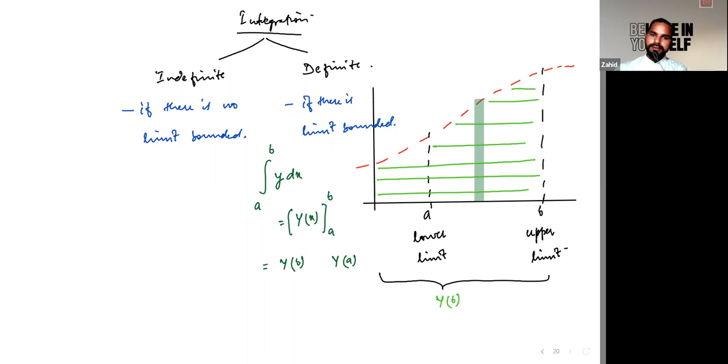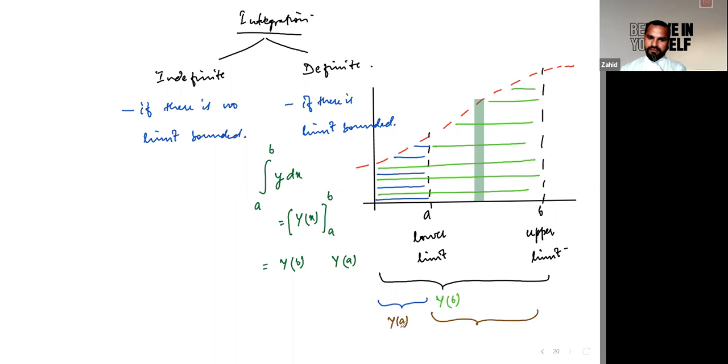Similarly, if we calculate Ya, it will be area extending from this point to this point, like this. But we have to calculate only for this limit. So what will we do? We'll just subtract these two different expressions to get the area from this point to this point only.